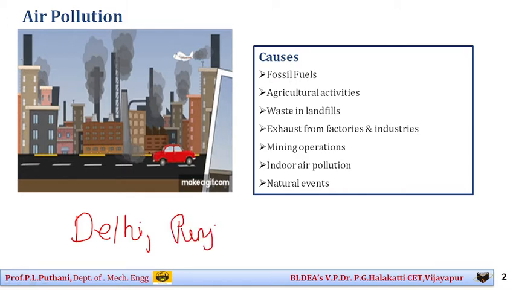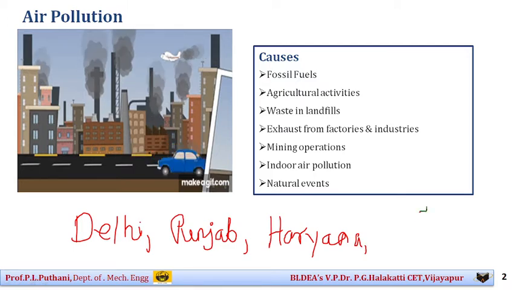When farmers burned the residues after harvesting, a large amount of smoke was generated. Because of this smoke, especially in the winter season, the air would get polluted and develop smog or fog. This smog was so thick that many times we would see it remain until 11 a.m. in the morning.